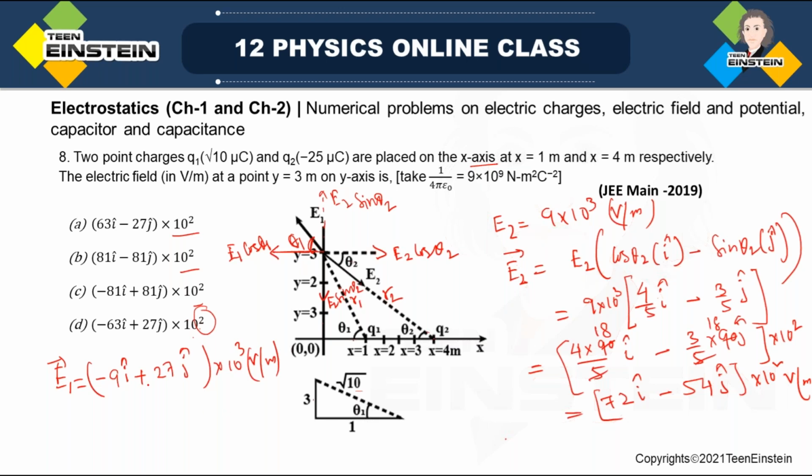In this case also, if we just multiply 10 here, I think there is some issue.